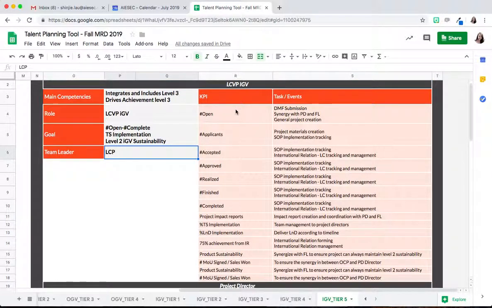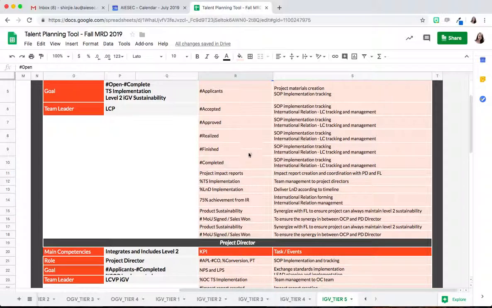So the things you take note of as a product head, iGV LCVP, are definitely all the sales funnel, starting from attraction until post-experience for youth. Then you will need to look into your project development and also what kind of L&D for your team, because you are a team leader for your directors and every single thing. Lastly, you also need to look into product sustainability as a whole, whether every single project is sustainable or not, and what the situation is.